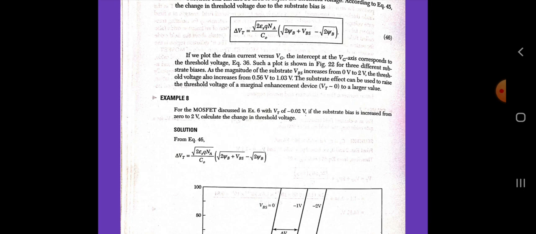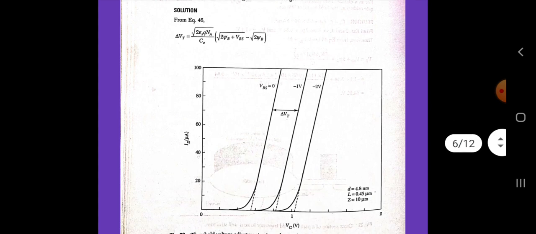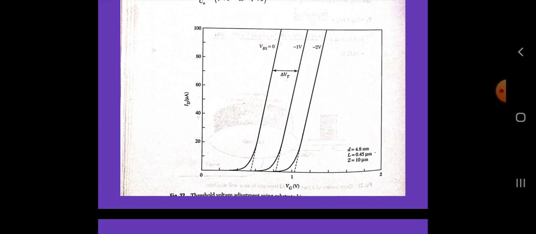So, we have from the equation which we have discussed, delta VT is equal to under root of 2 epsilon S q NA divided by C0, in brackets, under root of 2 psi B plus VBS minus under root of 2 psi B. This change delta VT has to be calculated.